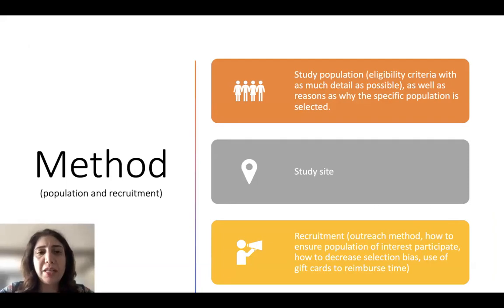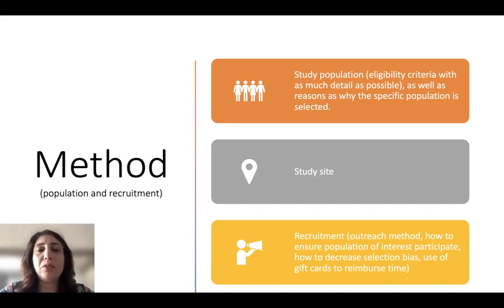The next section is the study population. For every study you're proposing, you're probably going to have a study population. The study population can be, for example, medical students if you're creating educational materials for them. It can be faculty if you're creating a wellness program with them. They are going to be your study participants.